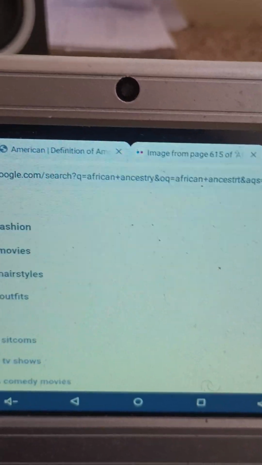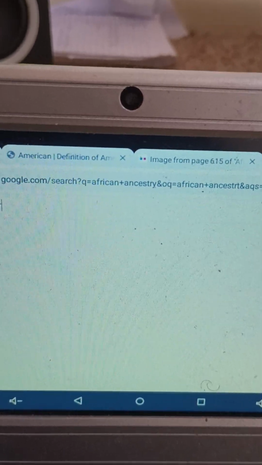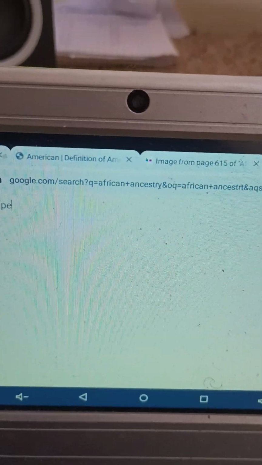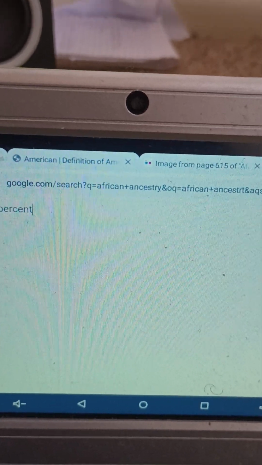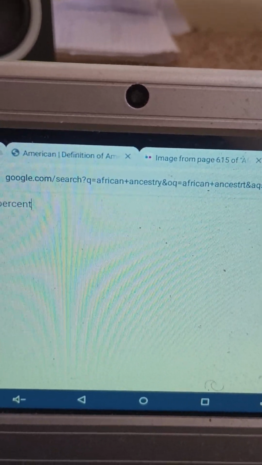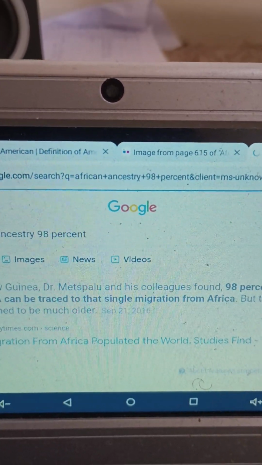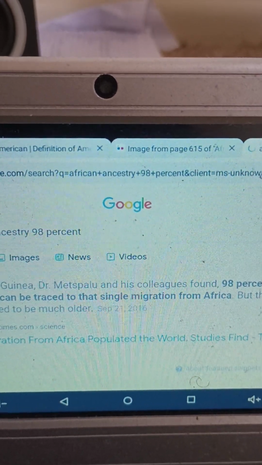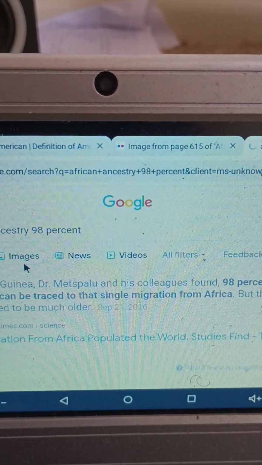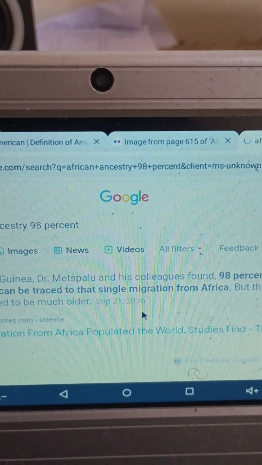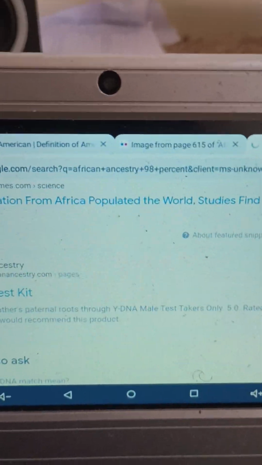I think that's the data on this. That's different. That's not what I'm looking for.